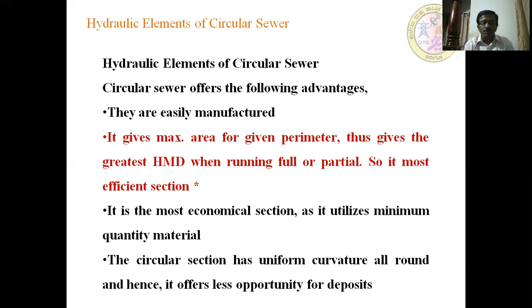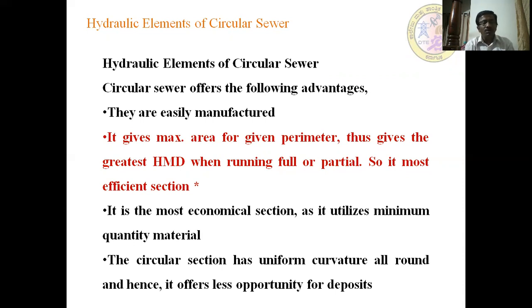It is the most economical section as it utilizes minimum quantity of material. Means if you construct a diameter of 1 meter, or a cross-sectional area of 1 square meter, and compare with a rectangular or square one of the same 1 square meter cross-sectional area, the total quantity of materials required for a circular one is less when compared to other sections, since the total length of the perimeter is less than the other sections.